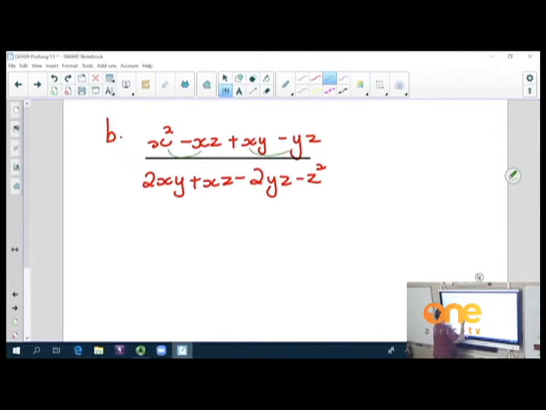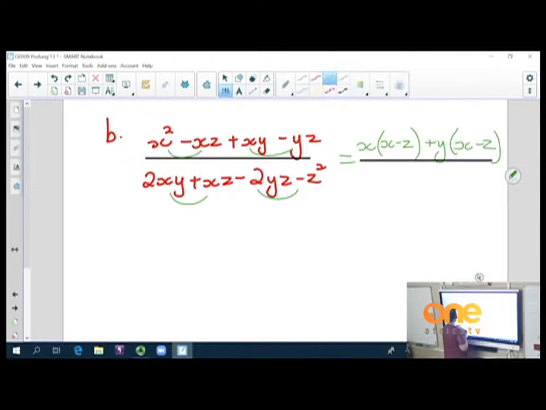There's nothing common, so I group them together, and I find an HCF. So what is common here is x, and then it is x minus z. Here, it will be plus y, and then there remains x minus z, grouping.